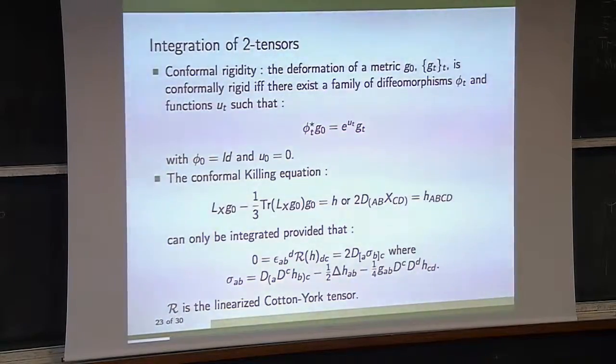This is a conformal Killing operator with a metric here, with a two-tensor here, which can be written in spatial spinors in this way. I'm reminding you that the unknown is X, what is given is H. And this equation here can be integrated only if this H satisfies some constraints. And these constraints are provided by this linearized Cotton-York tensor.